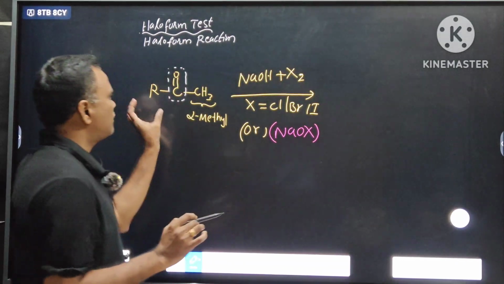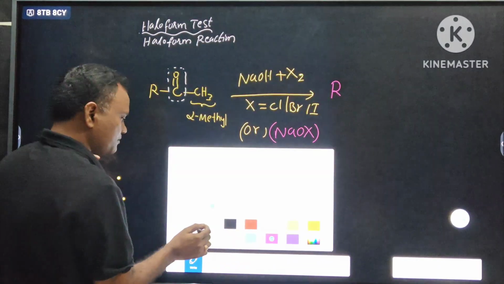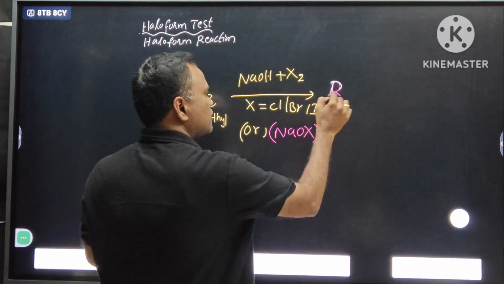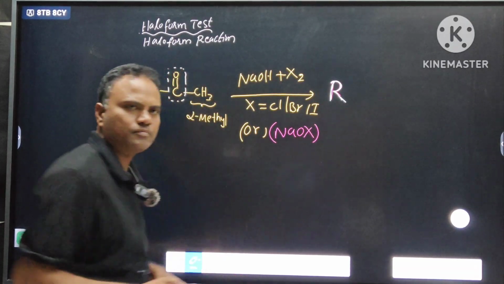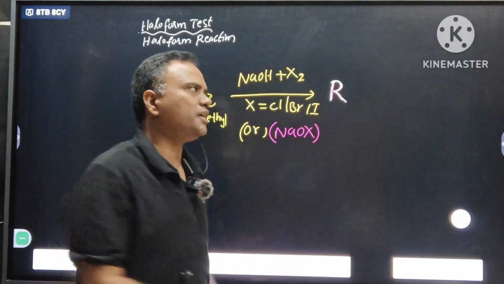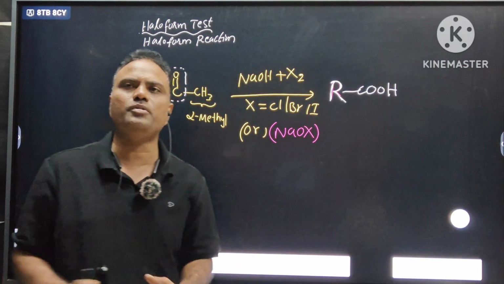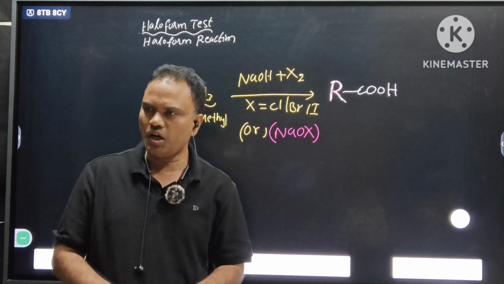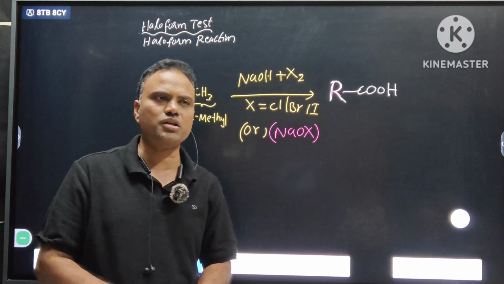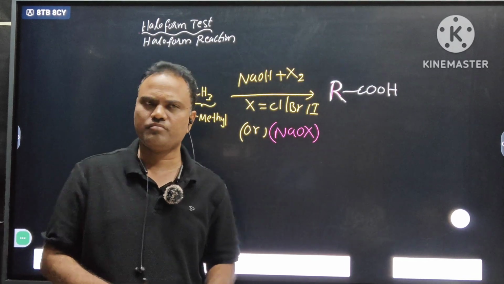Wait. First write R as it is. Shortcut mechanisms. Write R as it is. After writing R, immediately attach COOH group. Clear? In haloform test or haloform reaction, carboxylic acids are one of the byproducts. One of the products.